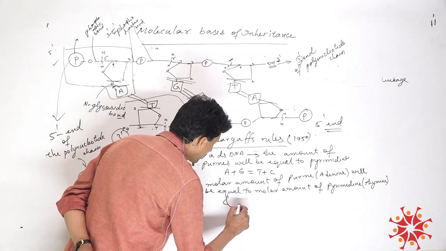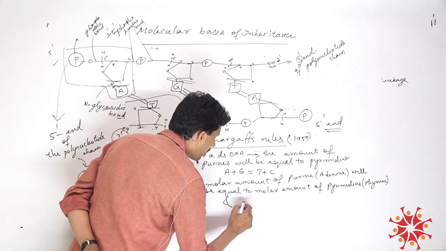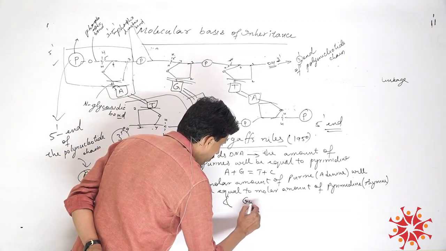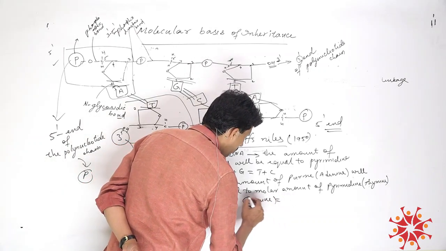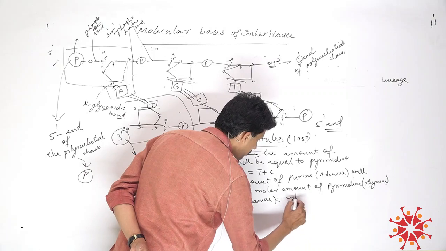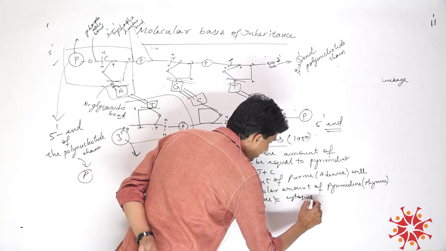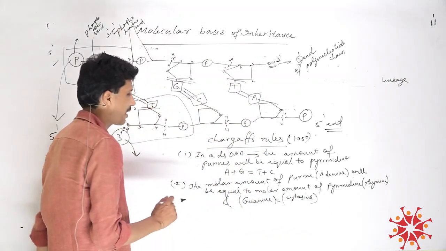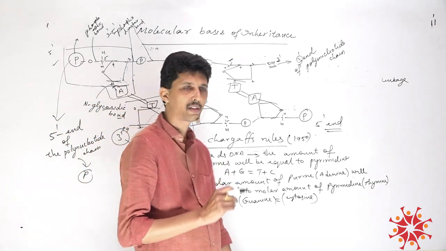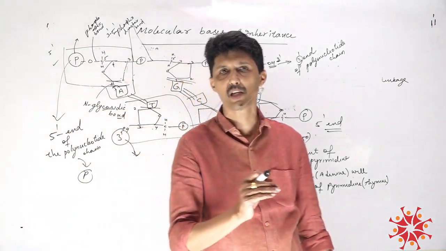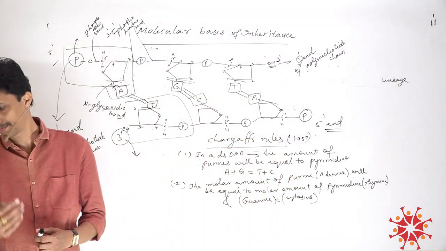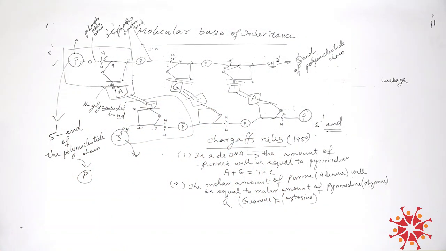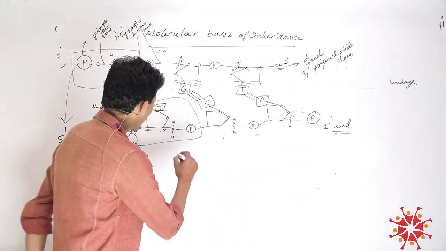And also in the same case, the molar amount of another purine, guanine, will be equal to the molar amount of cytosine. So this is the second observation, the second generalization of Erwin Chargaff. Chargaff's rules we have seen.